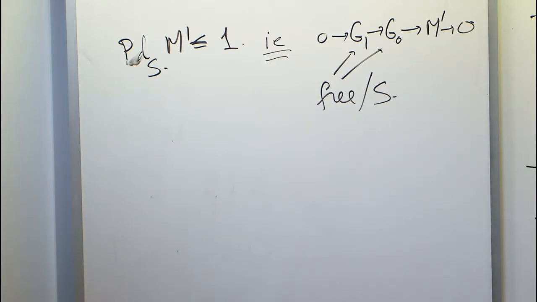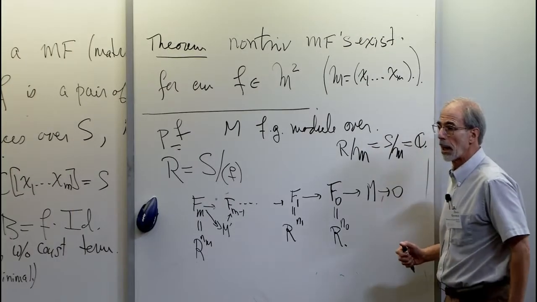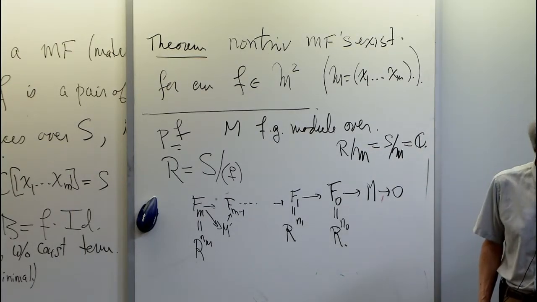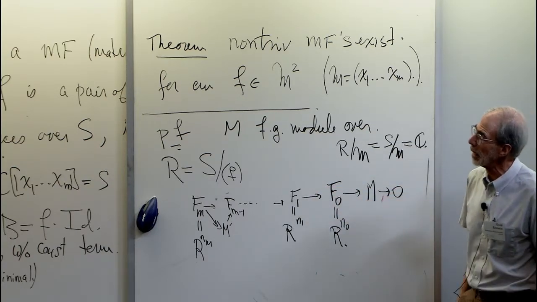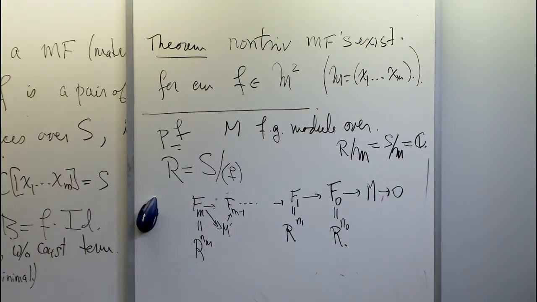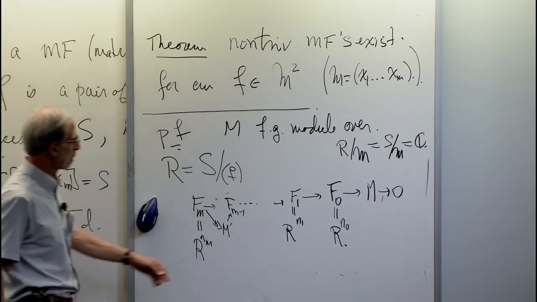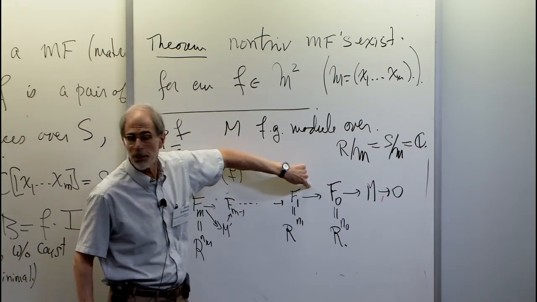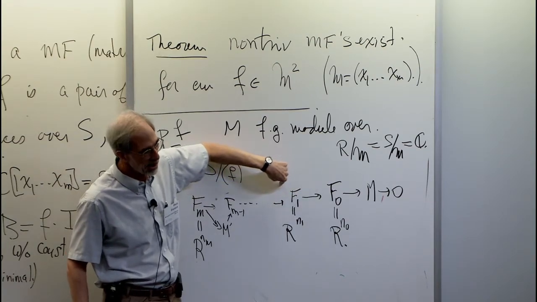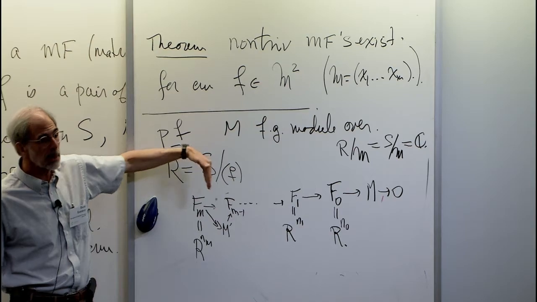So it might have had finite projective dimension as an R module, in which case this process would come to an end here, and m would be 0, and not so interesting as other cases. But if it had infinite projective dimension, for example, if it was the residue field, then I couldn't do any better than this in comparison to the free module. And in fact, what happens is that if the projective dimension of N is more than 1 to begin with, then the projective dimension of the first kernel is 1 less, and it keeps going down until it gets to 1, and then it stays fixed at 1.